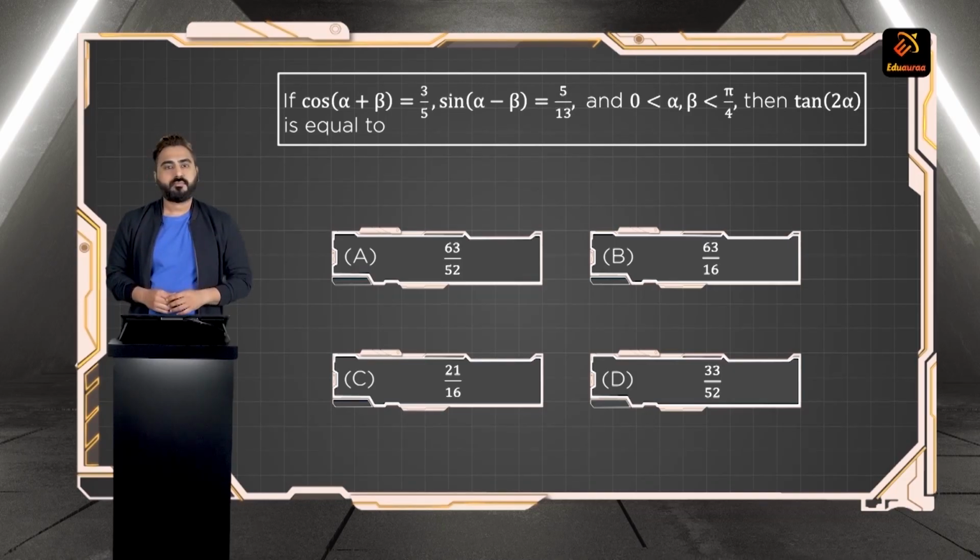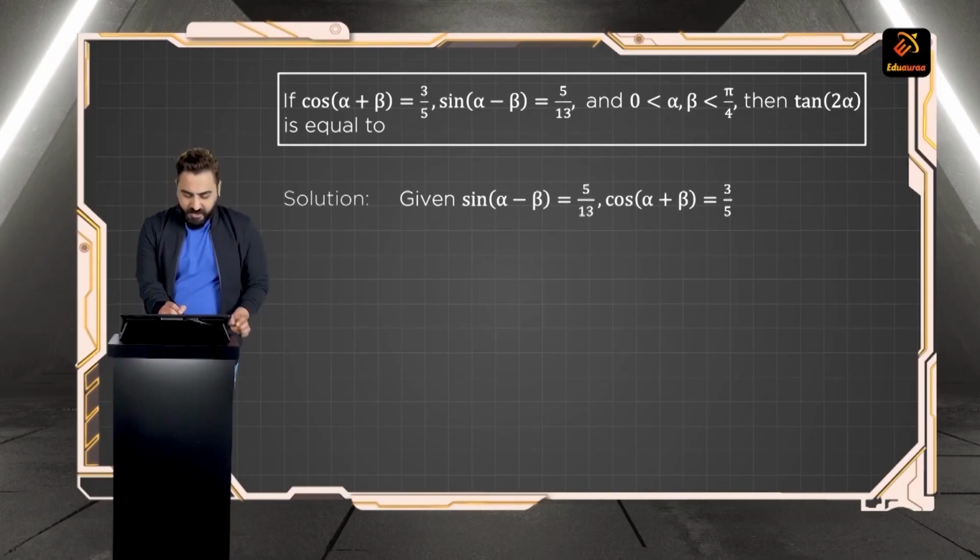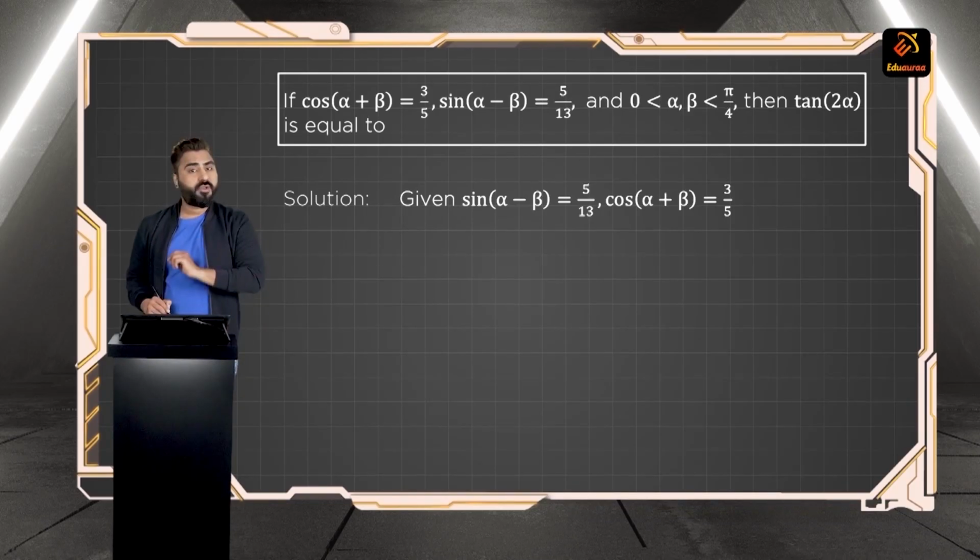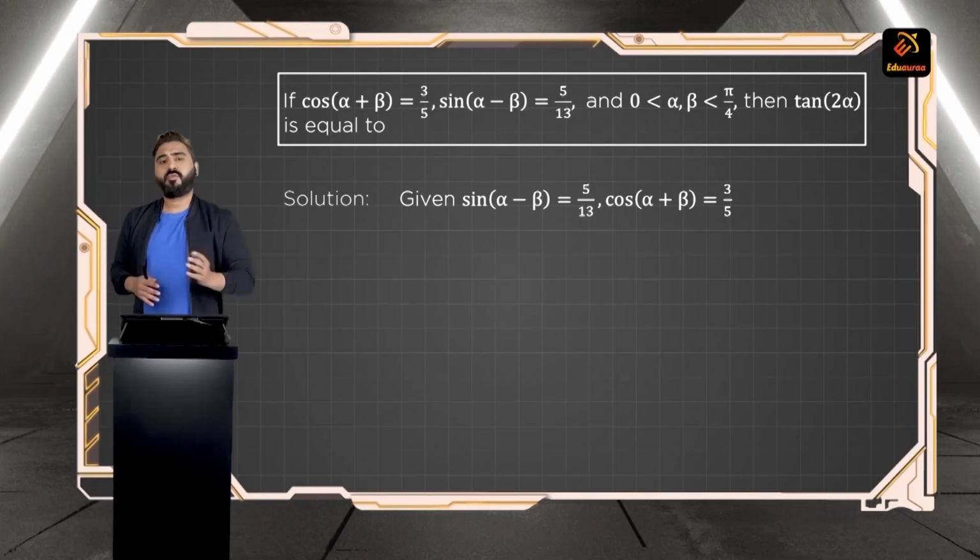So how to start? Now students, what is given to us? We are given that sin(alpha minus beta) is equal to 5 by 13 and cos(alpha plus beta) is equal to 3 by 5. From this, we are supposed to find tan 2 alpha.